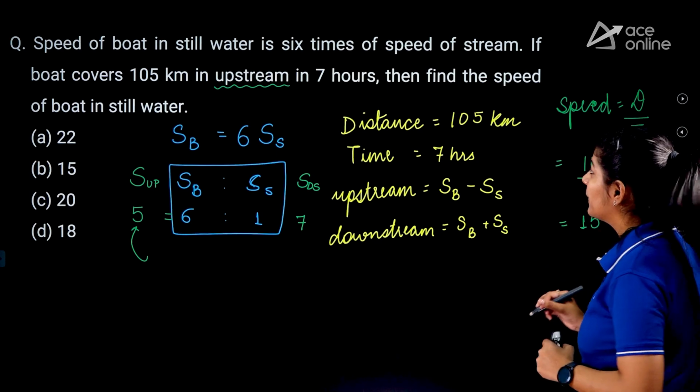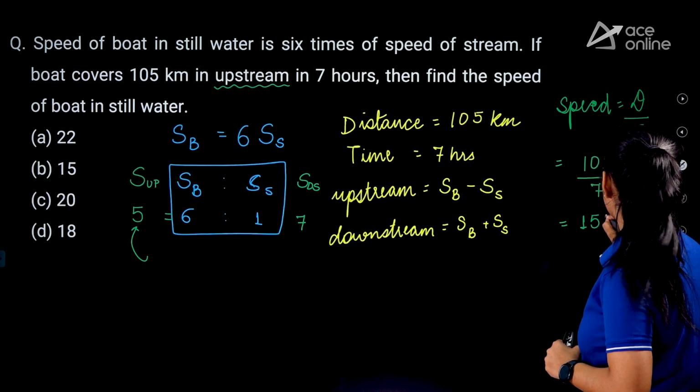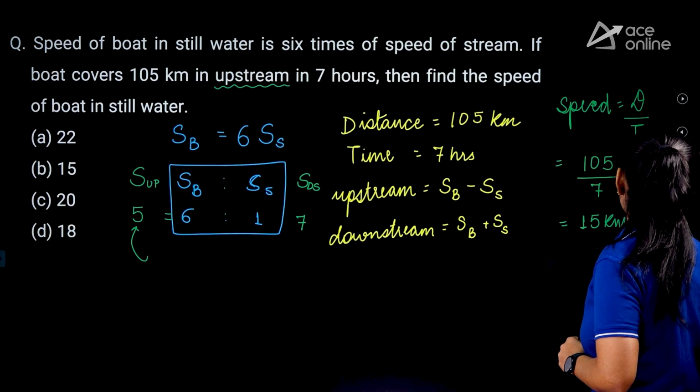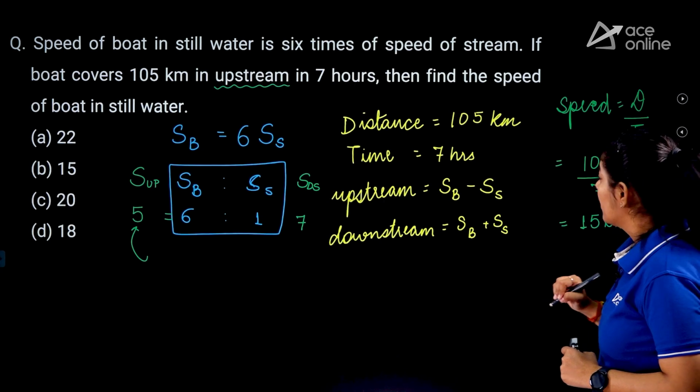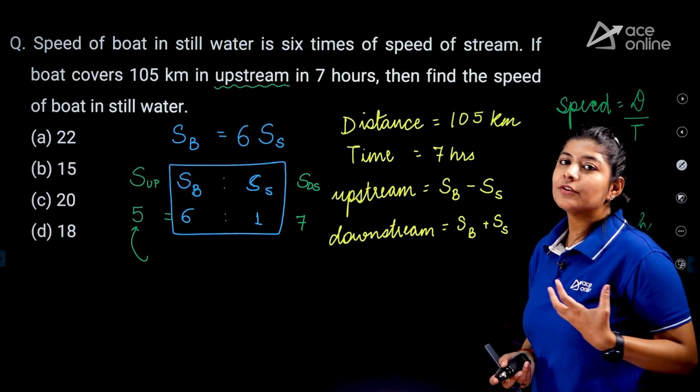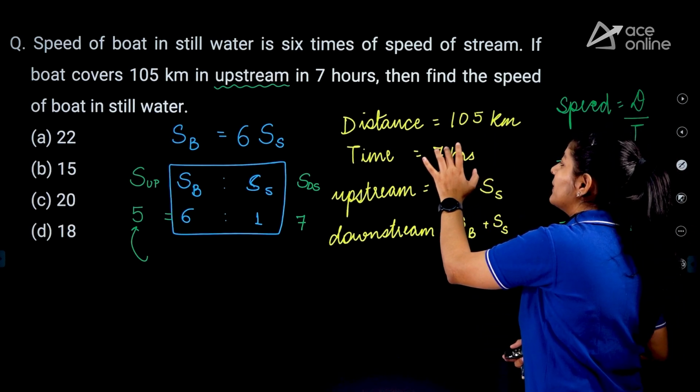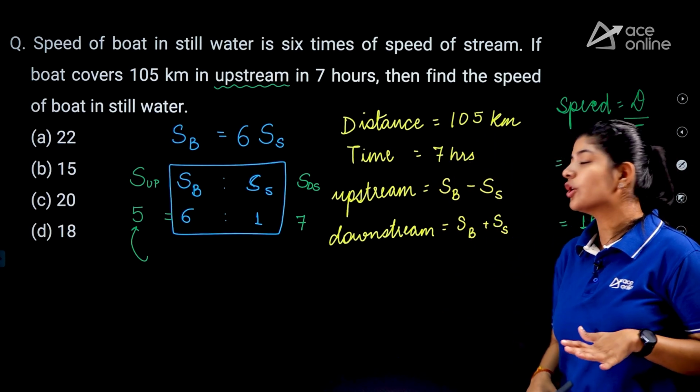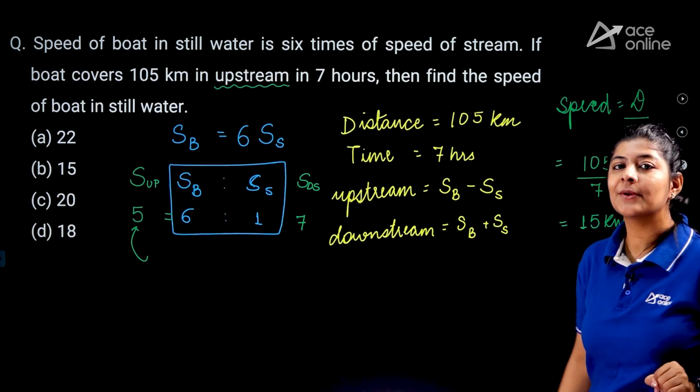We need a speed of 15, and here we are having kilometer per hour. So basically if I need to cover this 105 kilometers in 7 hours, my speed should be equal to 15 kilometers per hour.